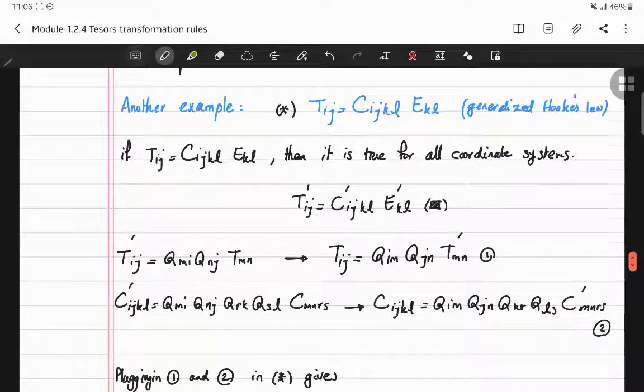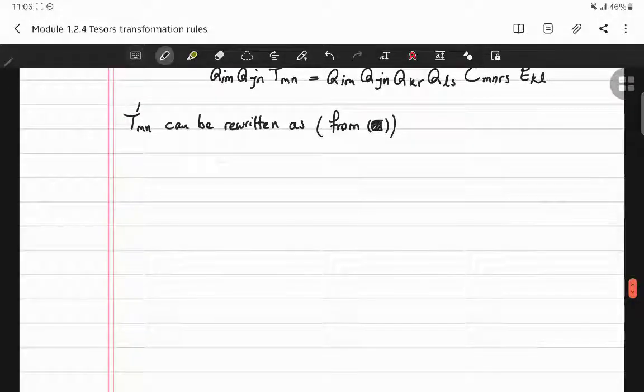It is T prime ij, so I have to change it to T prime mn is equal to, so it was ij, so this becomes C prime mnrs E prime rs. I selected rs as it appears here, so I call this 3.